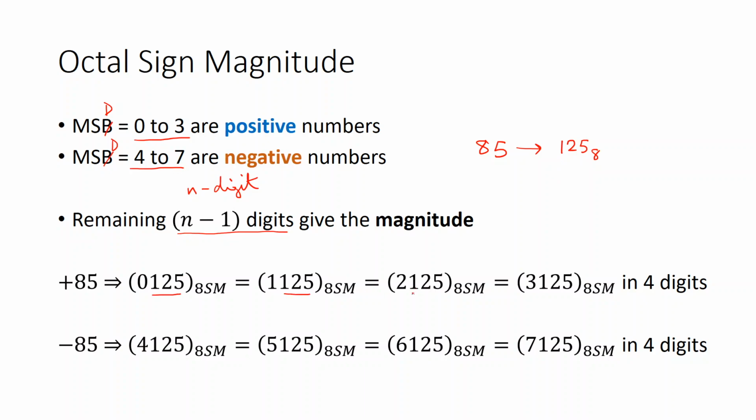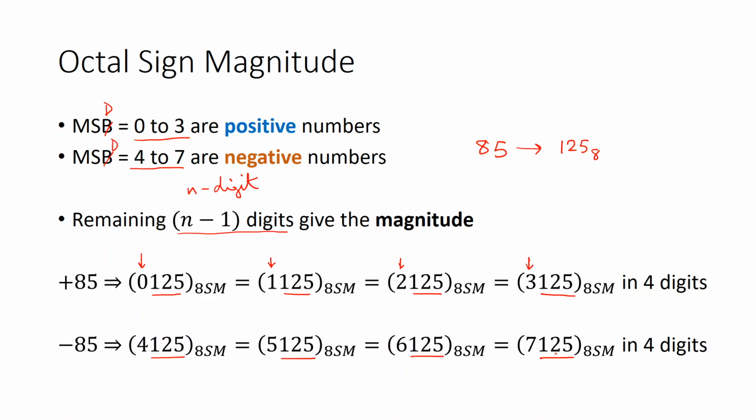As you can see, in all the numbers this is the same. However, in the top row are the positive numbers, so your MSD could be 0 or 1 or 2 or 3. All are equal. Similarly, for minus 85, if you place 4 or 5 or 6 or 7, it does not matter.